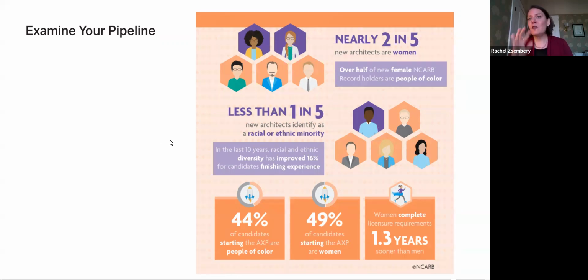I just want to point out four different organizations that are related to the BSA who are actively working on this question of pipeline and how we can diversify the pipeline into the profession. So I want to highlight NOMA and Project Pipeline, which is something that they've really launched in 2020 and brought some great attention to.